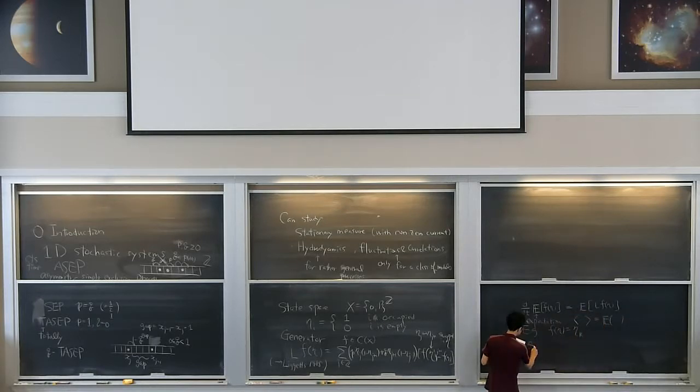Then by using this definition of the generator and this function f, you can try to write down the evolution equation for this average density at site k.